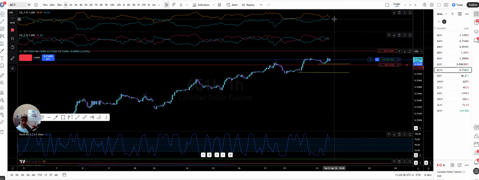But again, I don't use it alone, I use it in conjunction with market structure and price action, as I demonstrated on those couple of charts when we looked at those. And it's a nice filter. If nothing else, it's a good filter. And it's a way to very quickly evaluate where markets are at without having to just stare at the price chart and try to figure it out.